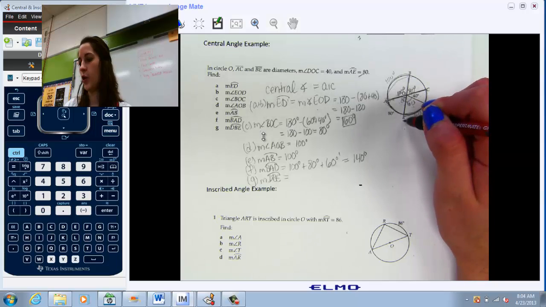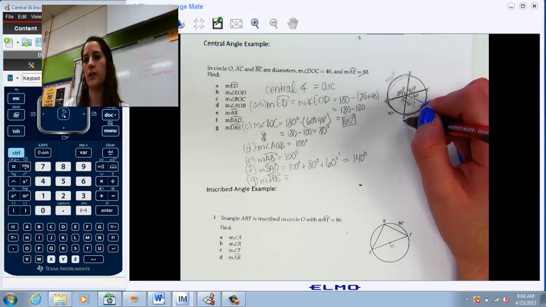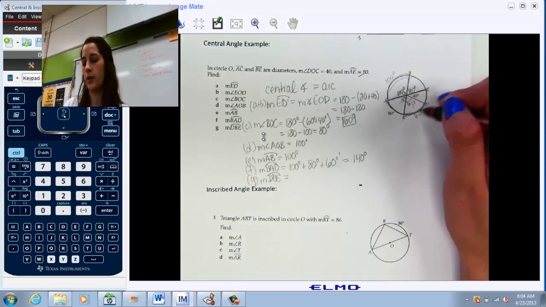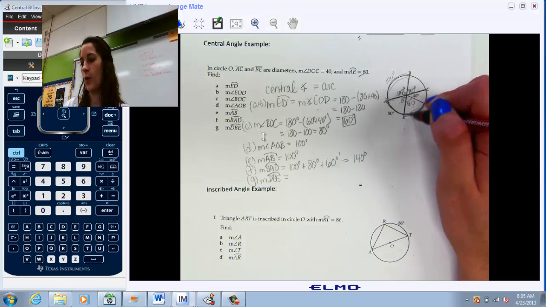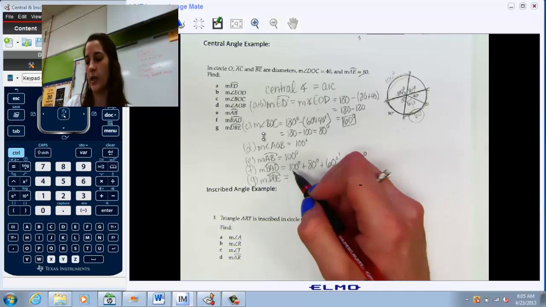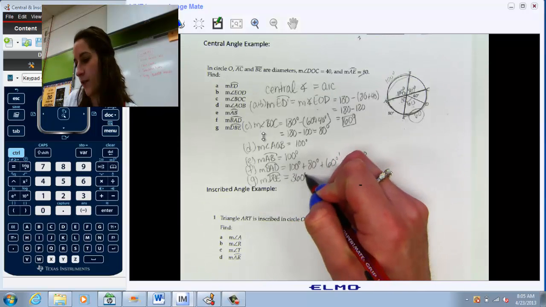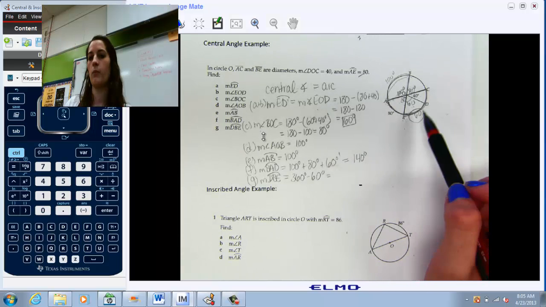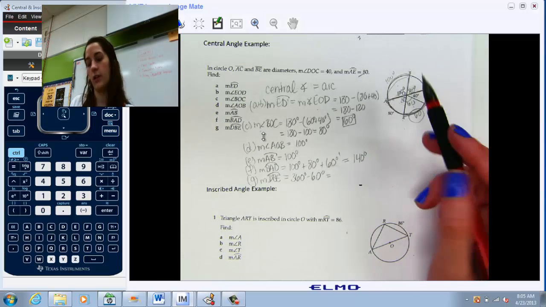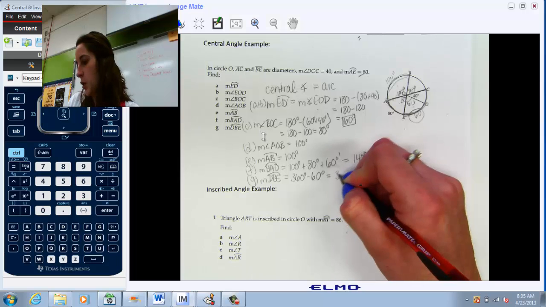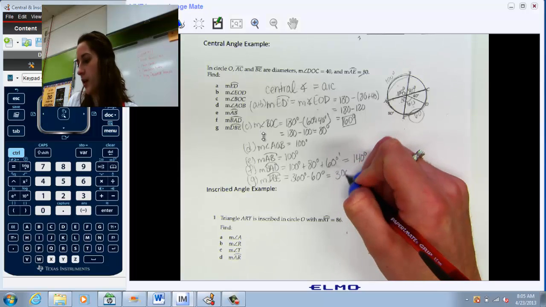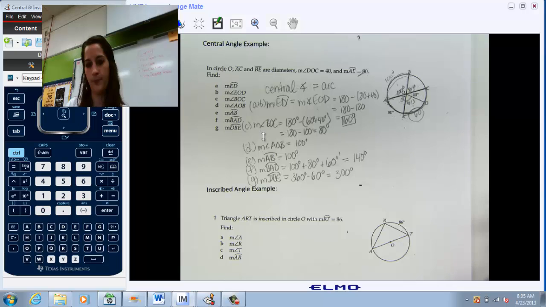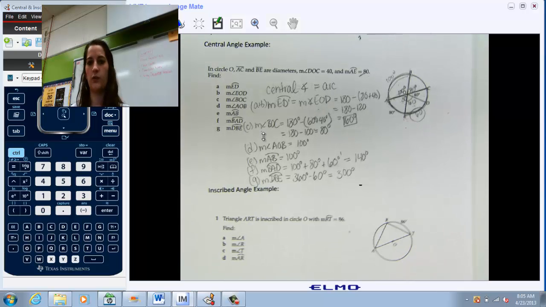DBE, the only arc not included in that arc, is ED. So why don't we just subtract our 60 degrees from 360 instead of adding all of those angles up. You can also add up all of these angles if you wish. So we're going to get the measure of arc DBE equal to 300 degrees. And that's it for the central angle example.